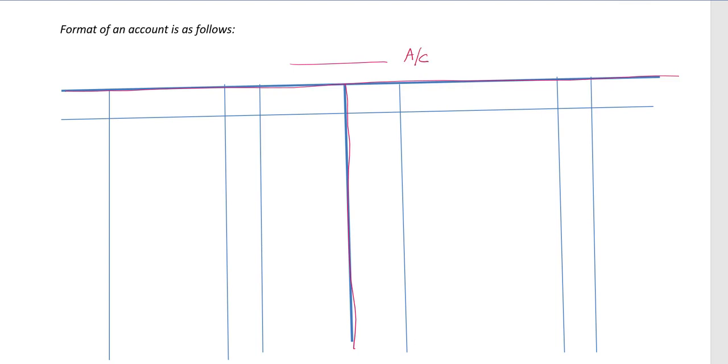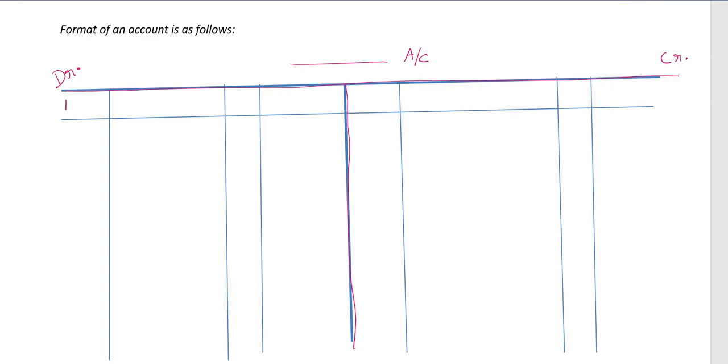So it could be cash account, purchase account, sales account, furniture account, building account, any account. On the left side, we say it is debit side and the abbreviation is DR. And the right side is the credit side and the abbreviation is CR.